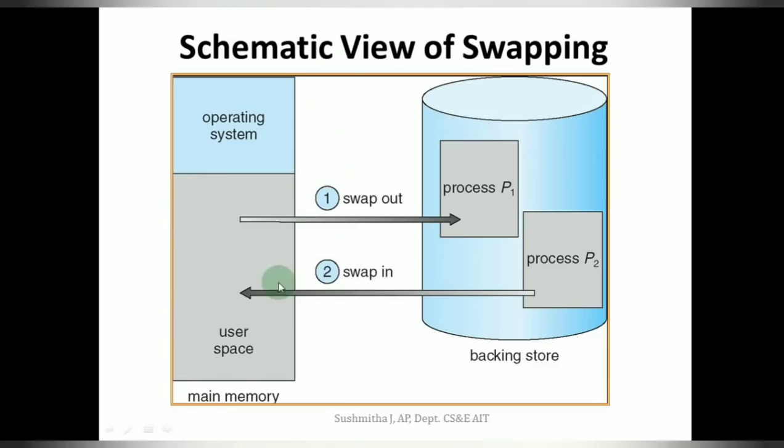So you can see here, now I had process P1 that was resident in the main memory. Now if I assume that process P1 was idle and not given to the CPU, and it is there in the main memory for a very long time and has not completed its execution.